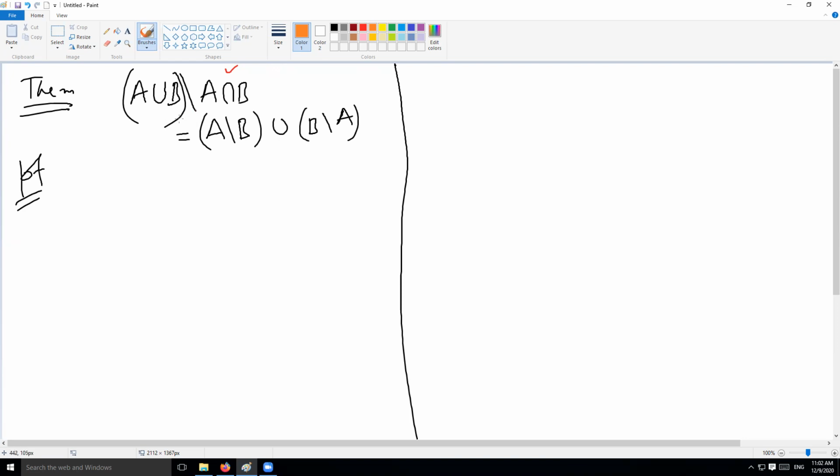So in other words, I have this set and this set that are equal. And if you have to prove the equality, what you have to show is that the left-hand side is a subset of the right-hand side and the right-hand side is a subset of the left-hand side.